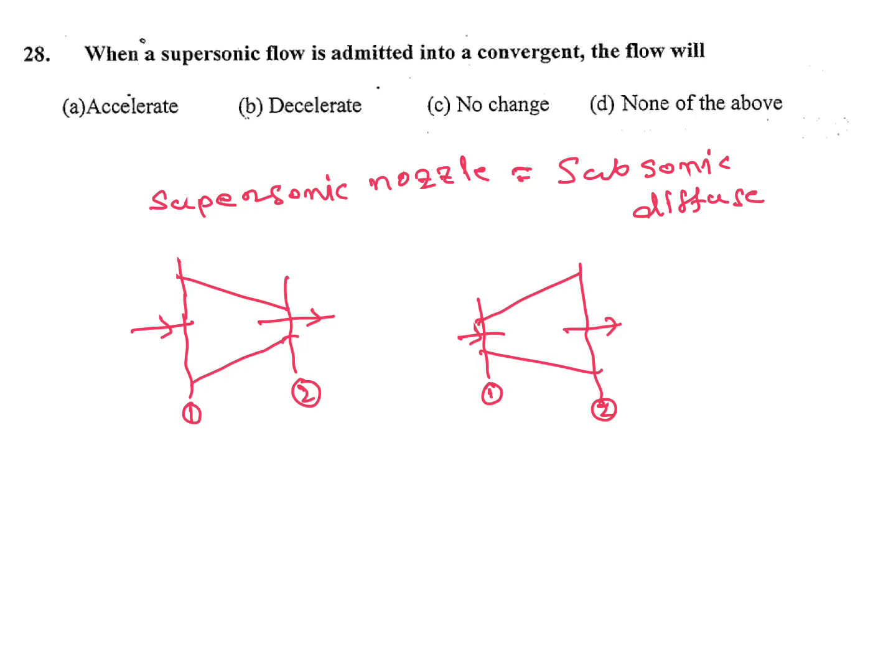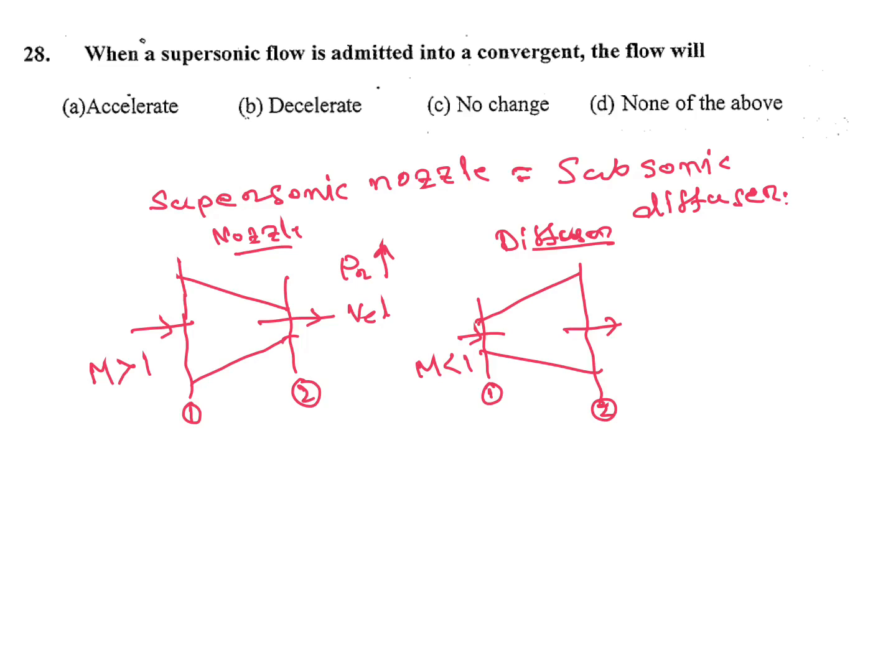In a supersonic nozzle, here Mach is greater than 1. This is for nozzle, and this is for diffuser. The supersonic nozzle will act as a subsonic diffuser, so M is less than 1. At the exit of the supersonic nozzle, pressure will increase and velocity will decrease.